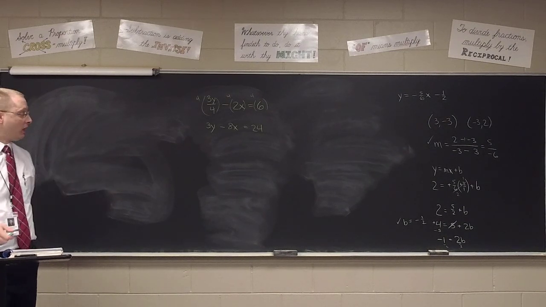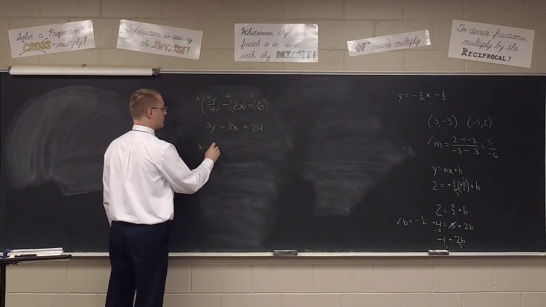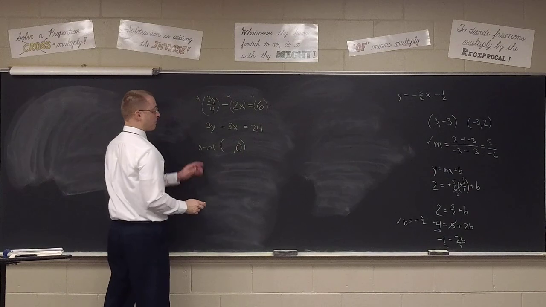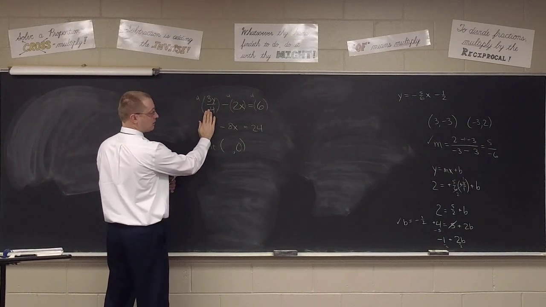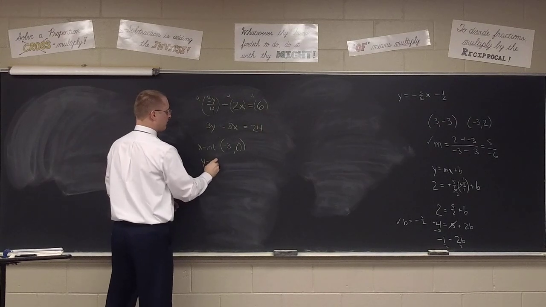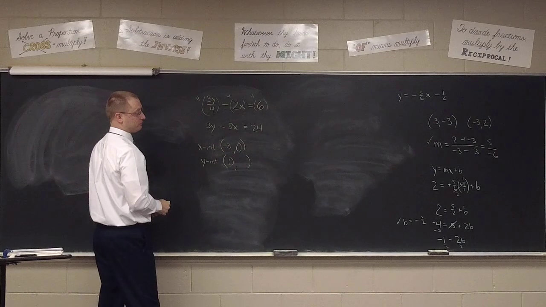What do you want to do? Okay. So for the x-intercept, remember we have to plug in. And when we do, what do we get for x? -3. All right. And for the y-intercept, plug in 0 for x.